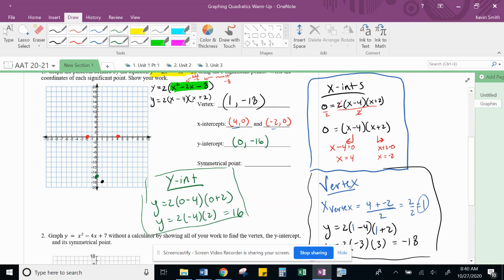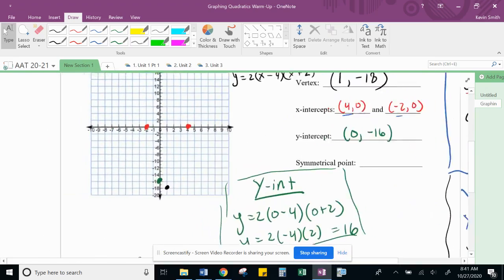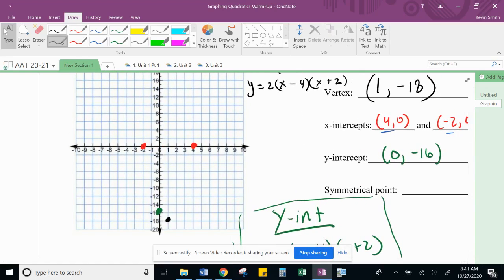And the very, very last piece is this symmetrical point. For the symmetrical point, we know what the left side of the graph will look like. The issue is we need this point of symmetry to the y-axis. So what I really like to do is draw this line of symmetry, right? And then it's really clear to see where this symmetrical point will be. So I know this is a distance of 1 to my y-axis.